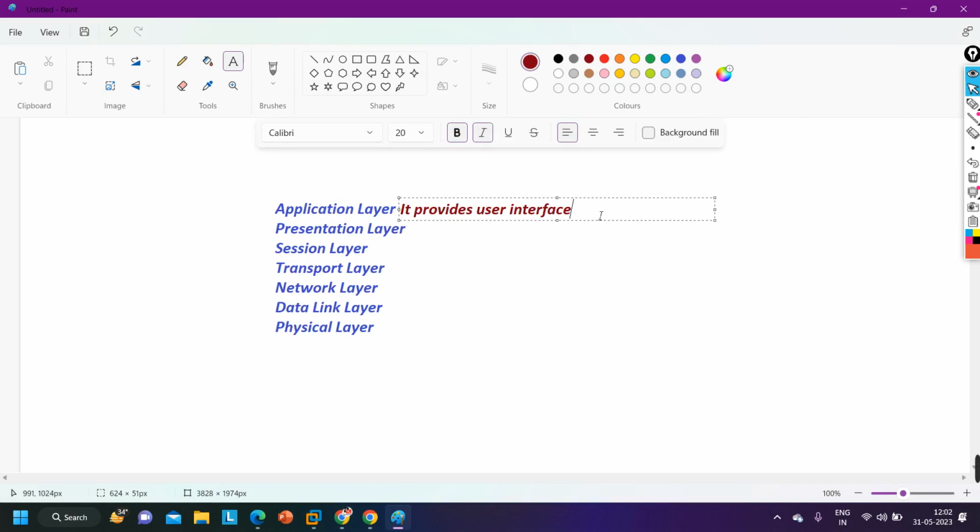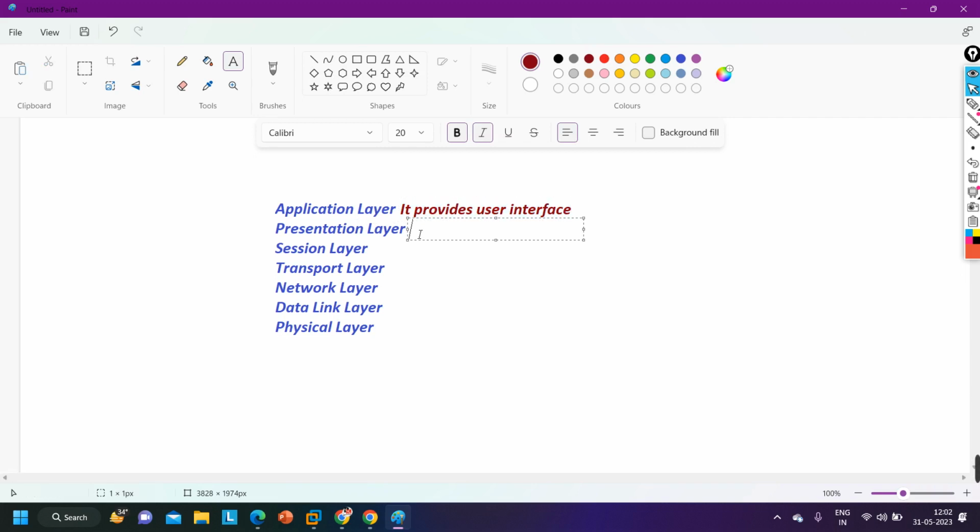On the application layer there are some protocols, and we will discuss them. The application layer protocols are important for network engineers, but the presentation layer and session layer are not. I am just giving you an overview of the application layer. Okay, it is clear. It provides the user interface.